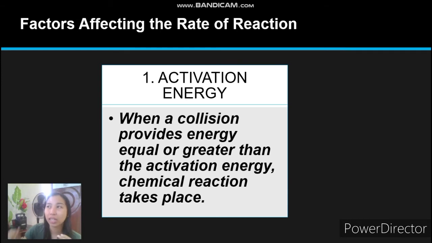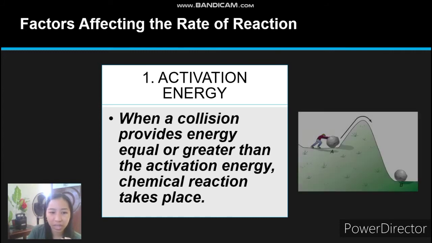That means that kung higher ang energy sa imuhang reaction, kung higher ang kinetic energy, which is energy in motion. Kung mas paspas ang movement or mas taas ang kinetic energy sa imuhang collisions, then the activation energy akong i-emphasize, then the chemical reaction would take place.